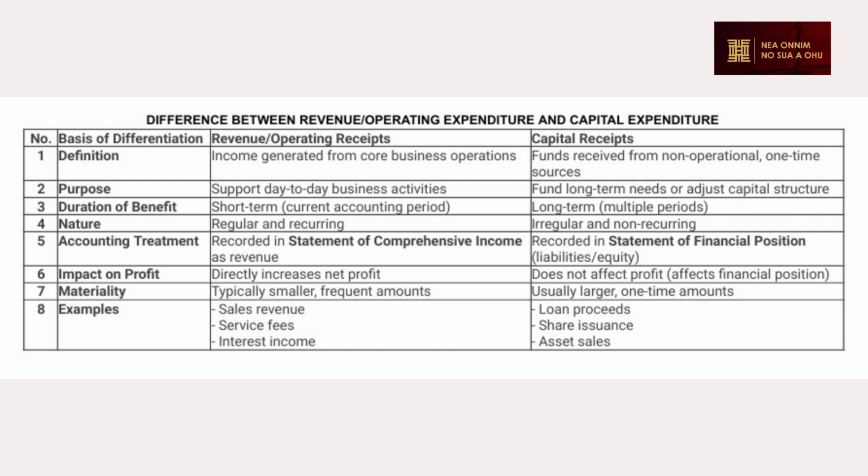So from the regular operating activities of the entity, the incomes that are made or the receipts received from those are considered as revenue or operating receipts. Whereas when it comes to capital receipts, these are receipts from non-core operating activities of the business.